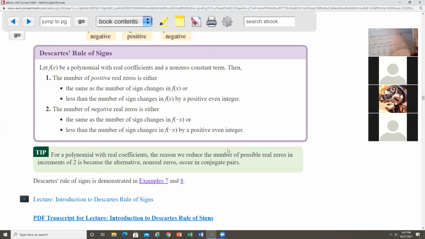So let's look at a problem that illustrates the use of Descartes' rule of signs.